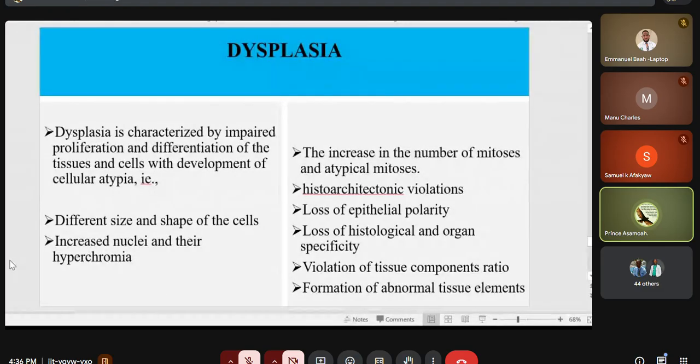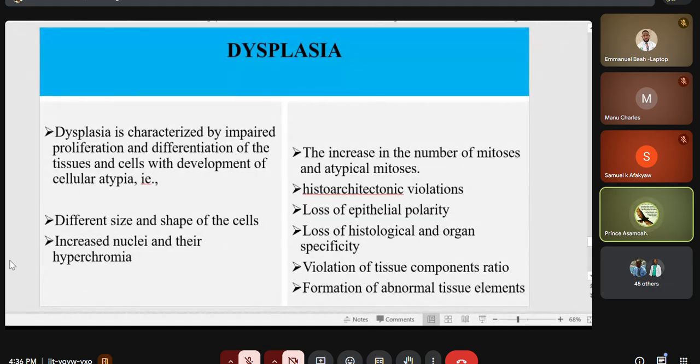Now let's look at dysplasia. What is dysplasia? We are saying that dysplasia is characterized by impaired proliferation and differentiation of the tissues and cells with development of cellular atypia.